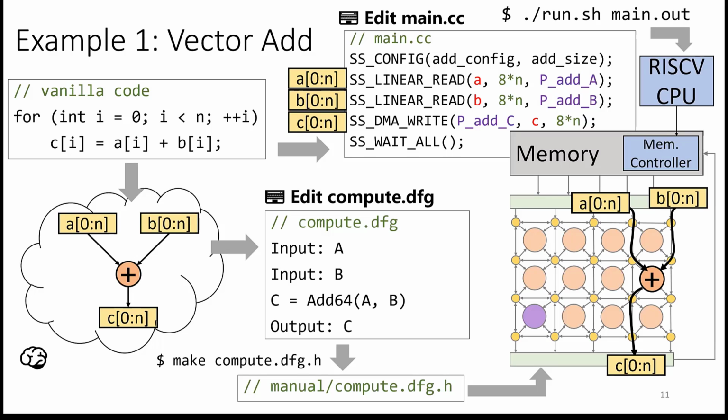The wait all command at the end is the way for the control core to wait for everything to complete. As soon as there's no more activity on the accelerator, that command will unblock and the program will continue. The compute DFG just encodes the data flow graph, in this case just an add.